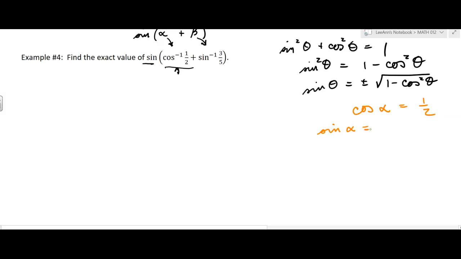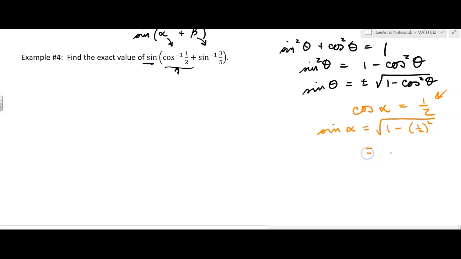Remember, these are inverse functions, so they're limited. For cosine, it's either first or second quadrant. It's got to be first quadrant because my cosine's positive, so my sine's going to be positive as well. Square root of 1 minus, and then I'm going to use the cosine that I know, 1/2 squared.